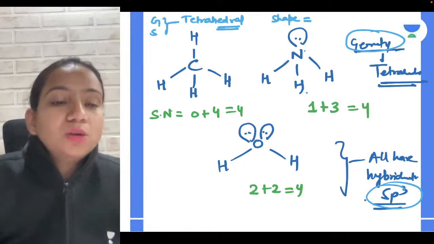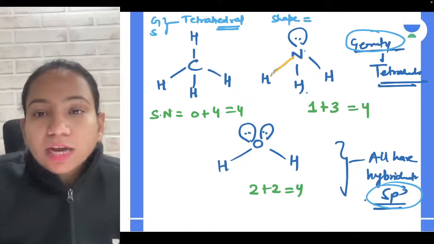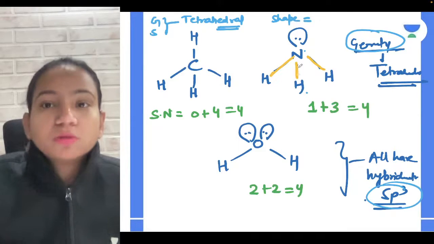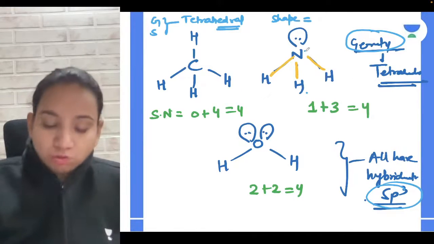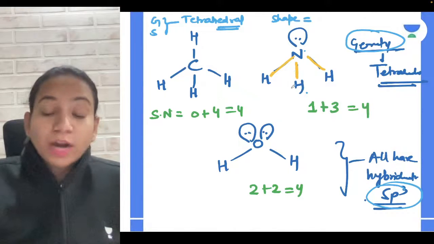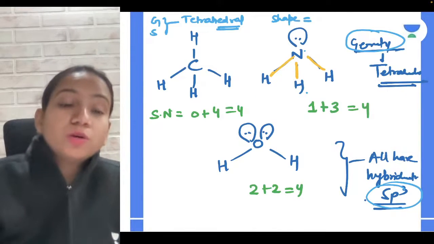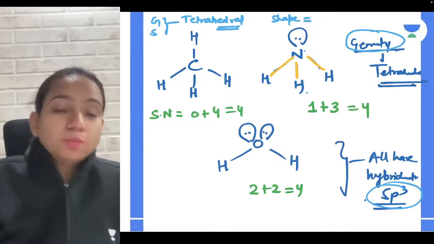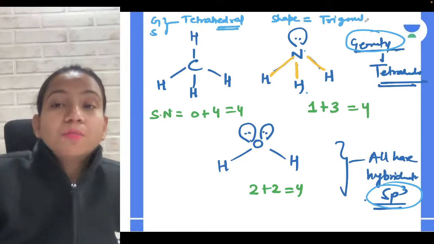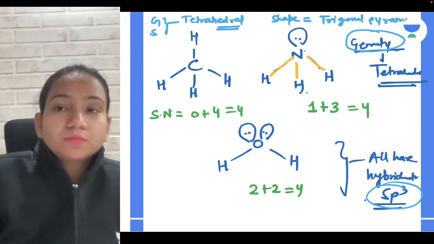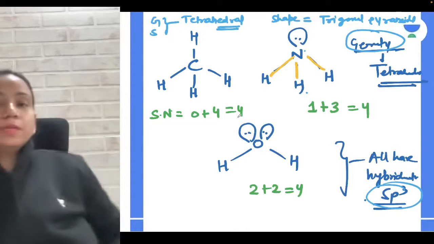It is acquiring a trigonal pyramidal shape. It's a 3 thing. So the shape is going to be trigonal pyramidal, not planar, okay? Akshay, got it? So it will be trigonal pyramidal.